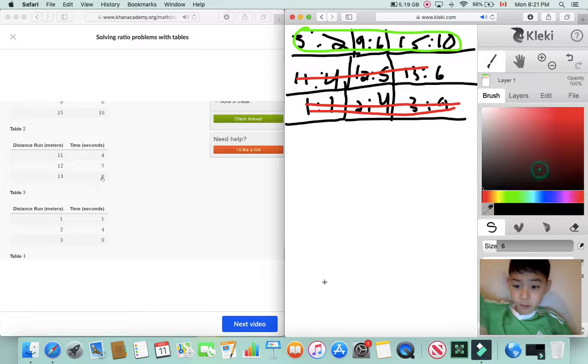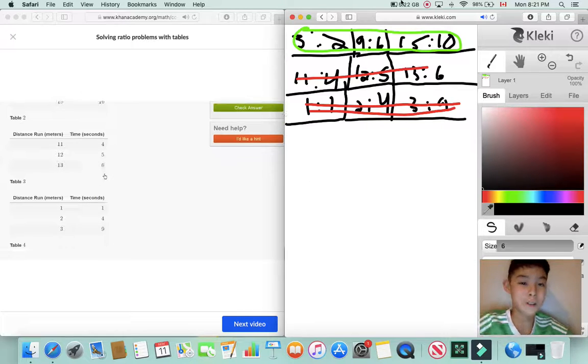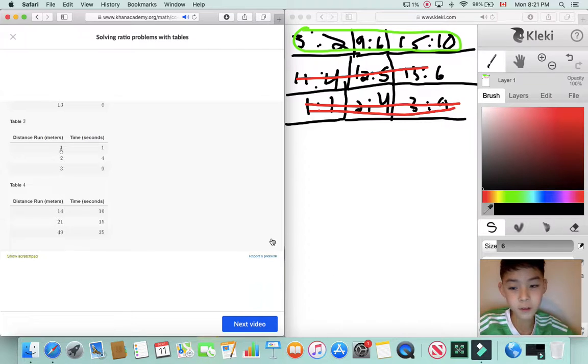Here it's just incrementing by 1, but the ratios are not the same. 11 to 4 is not the same thing as 12 to 5. So this right over here is not a legitimate table.